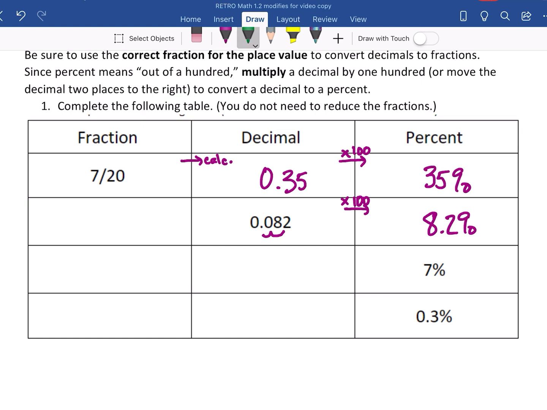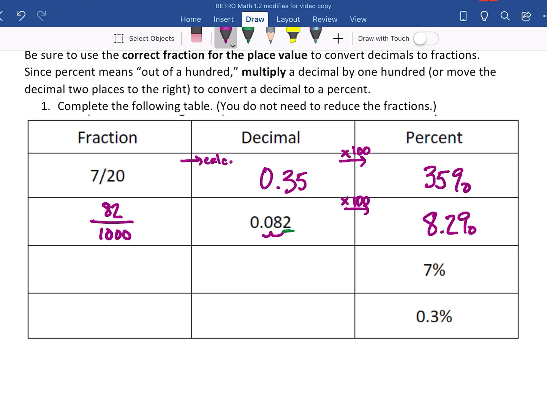Now, to get the fraction, what I want you to do is look at the position of the last digit. The last digit is in the thousandths place. So in order to get the fraction, you're going to write 82, which is the numerical part of the decimal that you had, 82 over 1,000.